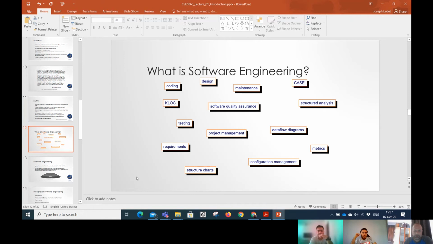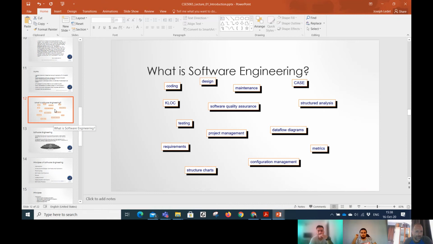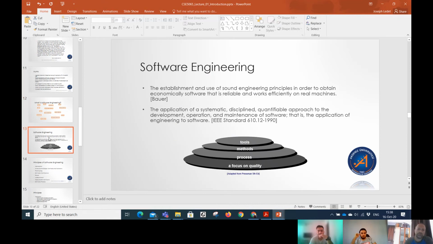So these are all different parts of software engineering. Like I said, I don't want to get too much into software engineering. I do include these slides so that you can have some ideas of how software quality fits with software engineering and the importance of that. At the basis is a focus on quality, which shapes what process we choose to use.